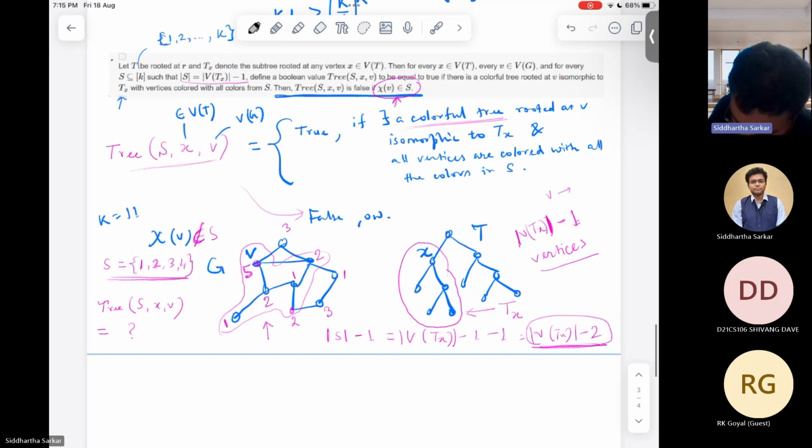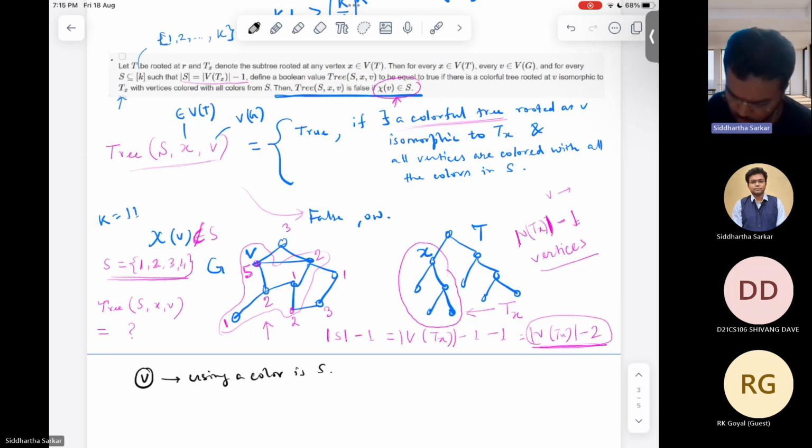My initial understanding was that as soon as you colored V using a color in S, you are losing one color, so you are left with mod S minus one colors.